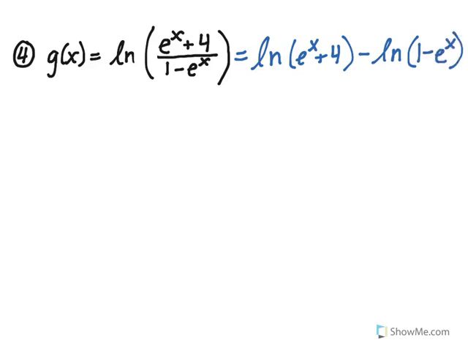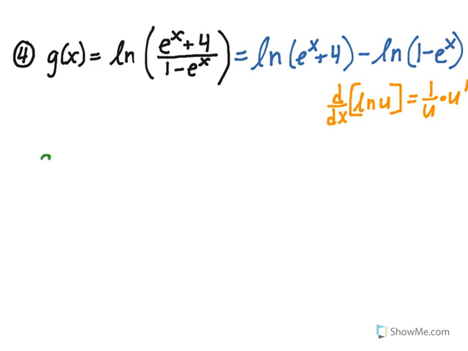And now I've made it a lot easier. Now, just a quick reminder, the derivative of ln u is equal to 1 over u times the derivative of u. So we're going to use that to do the derivative of these two different natural logs.